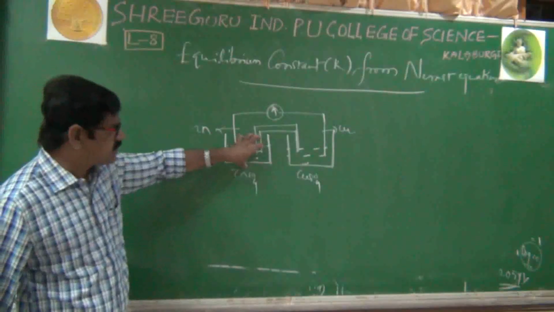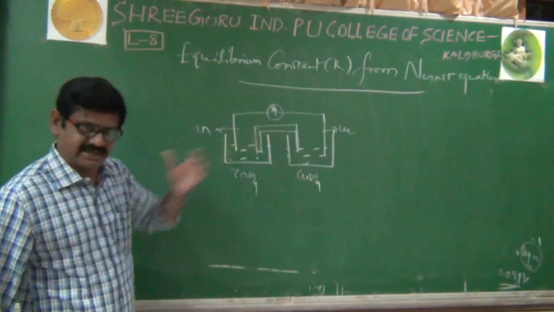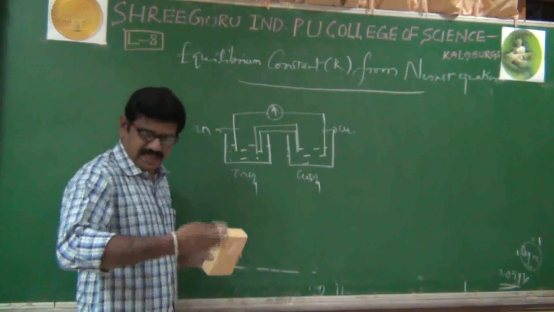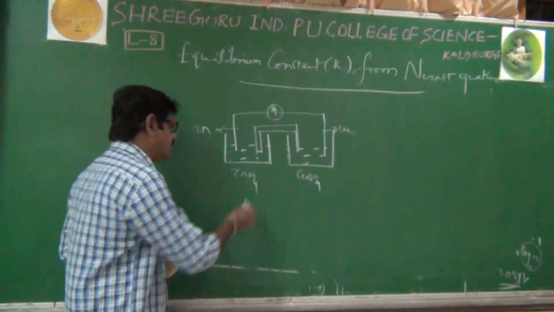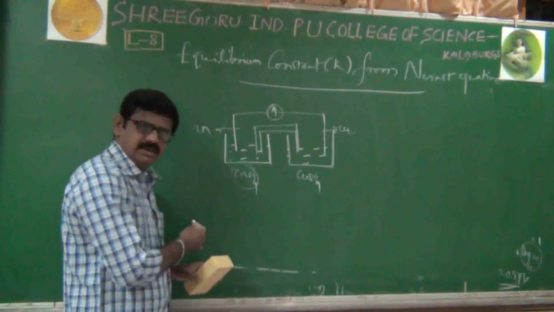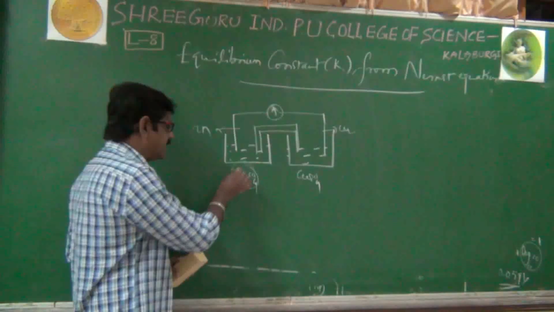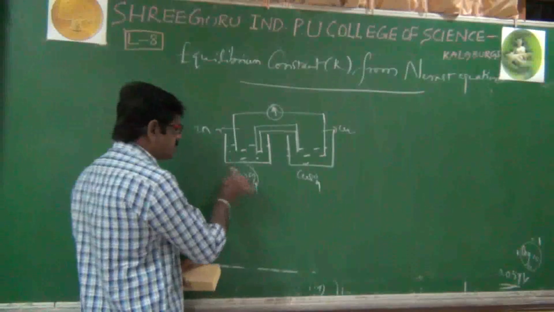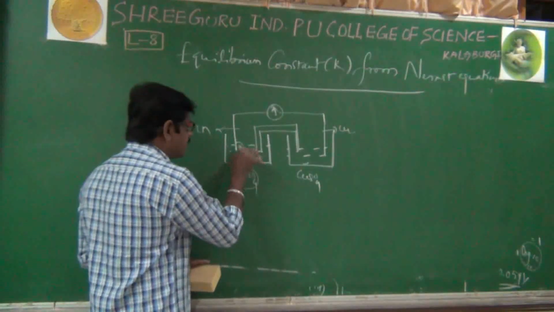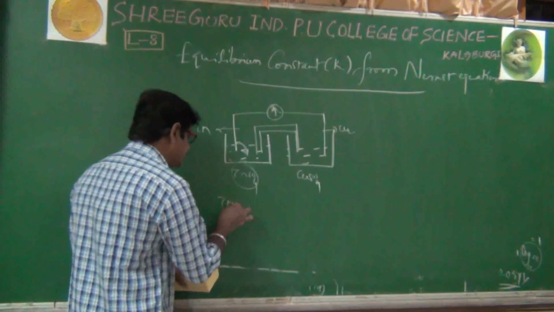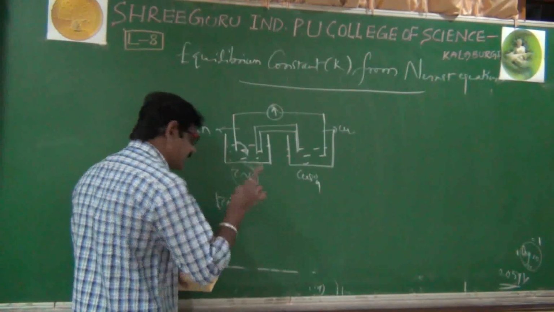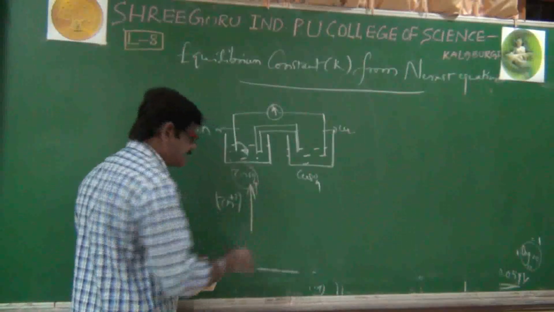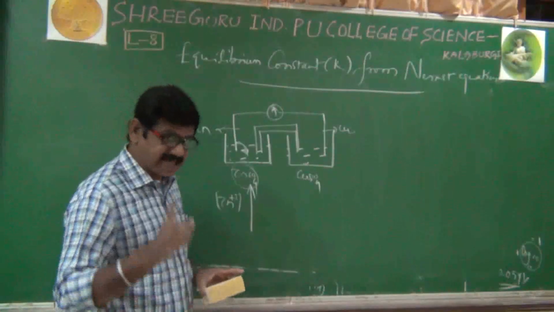Now, if you observe the Daniell cell, what happened during the course of reaction? The ZnSO4 concentration, that is the Zn plus 2 concentration, increases. Why does Zn plus 2 concentration increase? Zn is converted to Zn plus 2, so Zn plus 2 concentration only increases during the course of reaction.